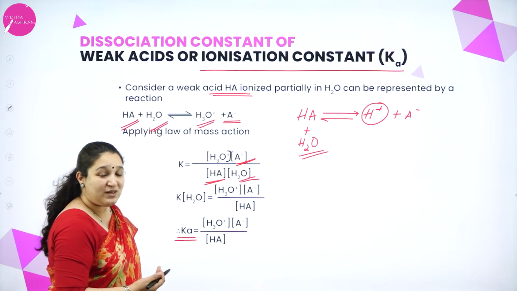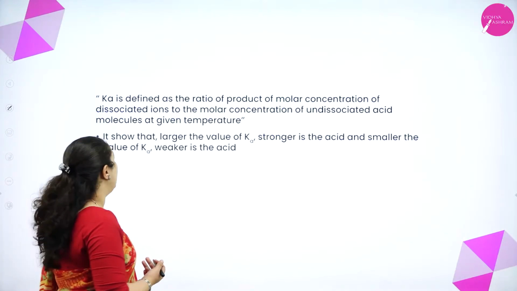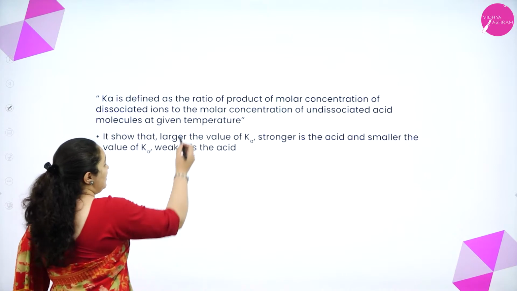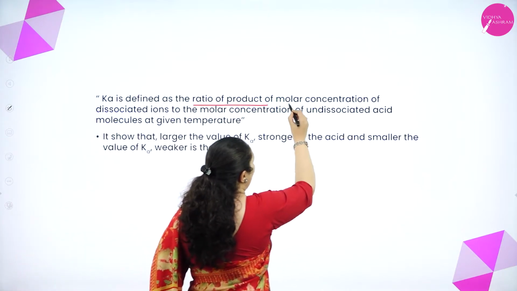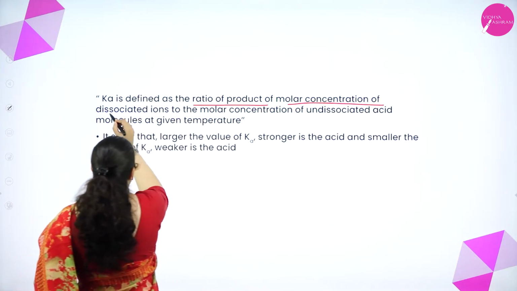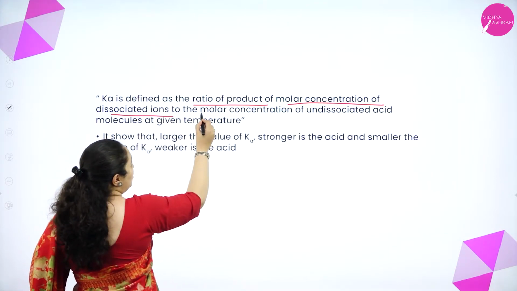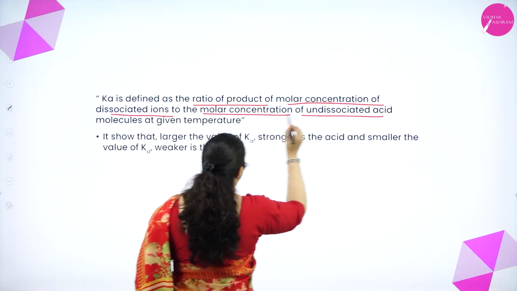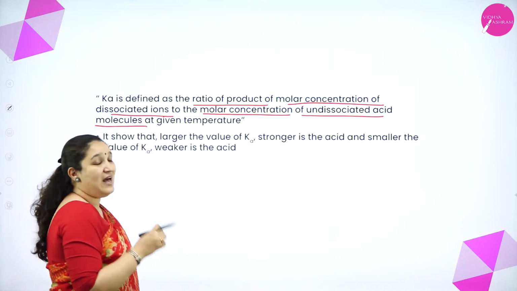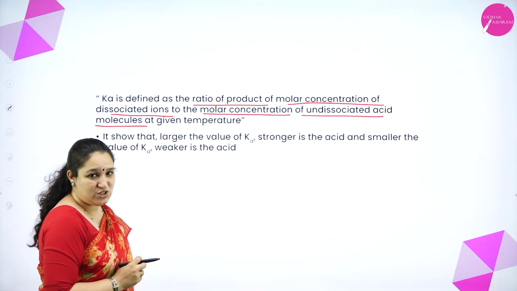So what is the definition of Ka? Ka is defined as the ratio of product of molar concentration of the dissociated ions to the molar concentration of the undissociated acid molecules at a given temperature.